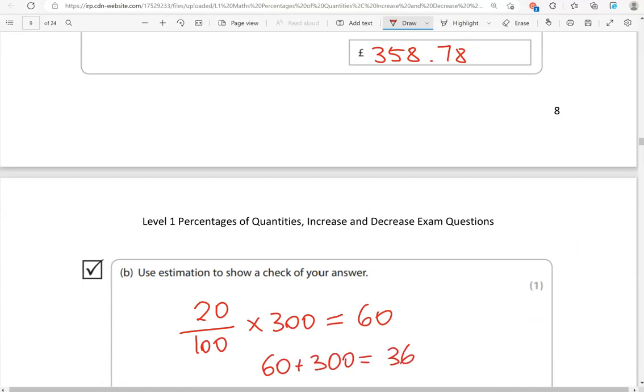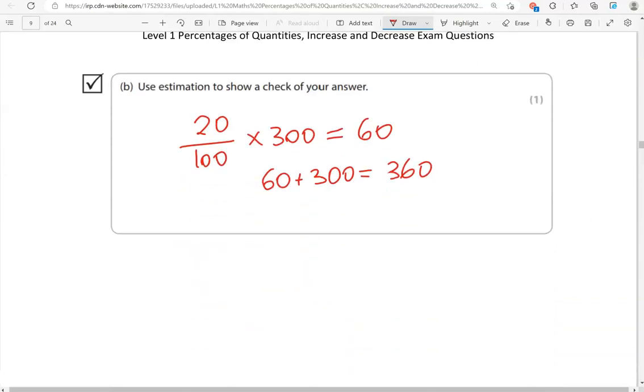Gives us 360, which is so close to our final answer in the previous part of the question, 358.78. So that shows that we've done the calculations correctly.